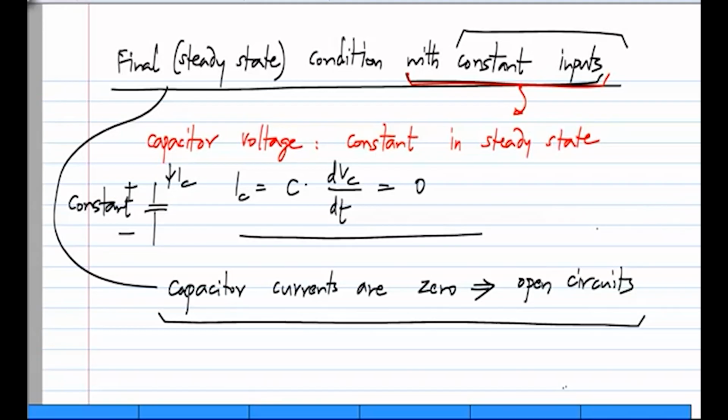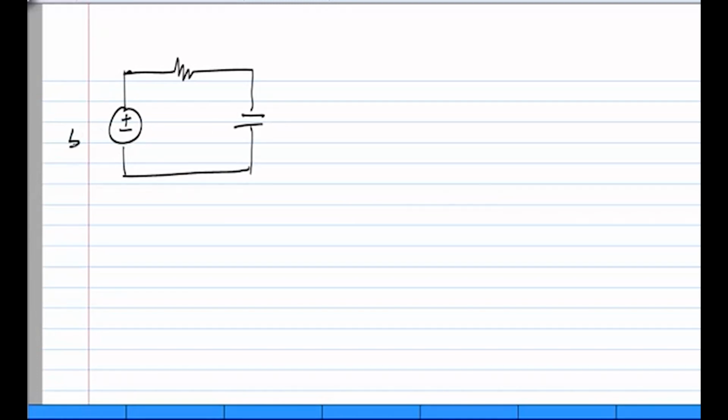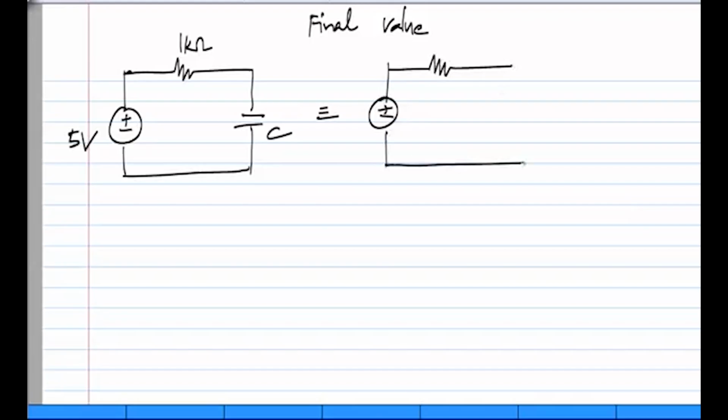So again, we'll take the same example as before. If you are interested in calculating the final value with a 5 volt input and a 1 kilo ohm resistor and some capacitor C, as far as the final value calculation is concerned, we saw that the capacitor current will be 0, and for the final value calculation only, we can open circuit the capacitors.